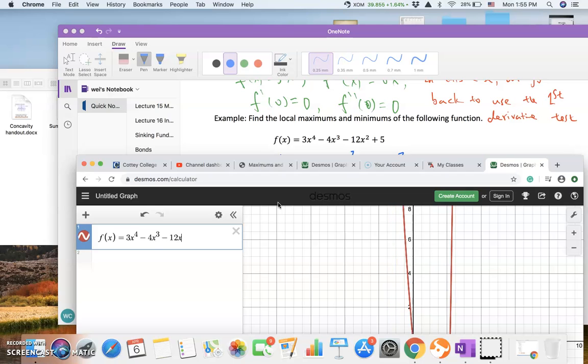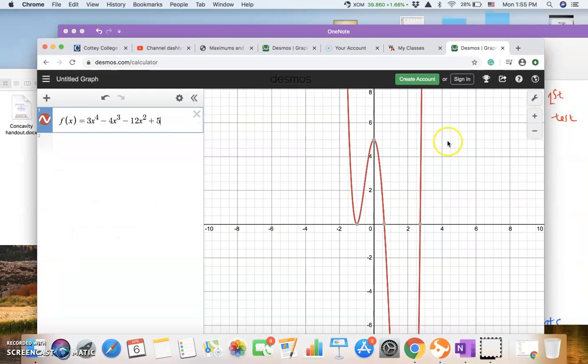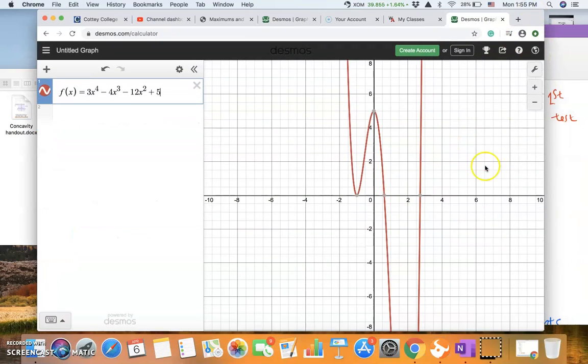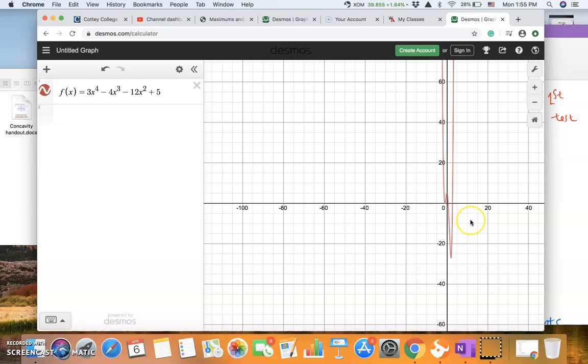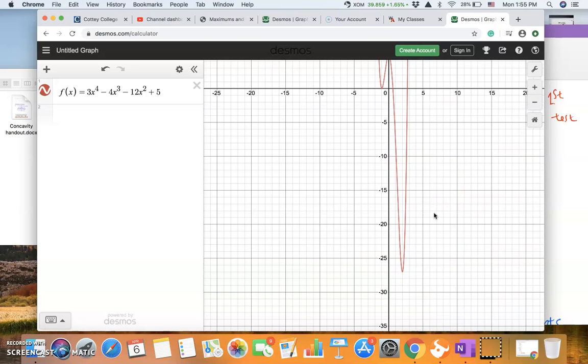Minus 12x squared plus 5. Now we can see the maximum occurs when x is 0, right? And the minimum occurs when x equals -1. And another minimum occurs when x equals 2.